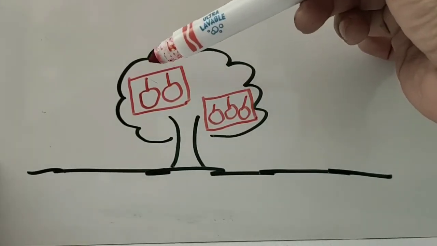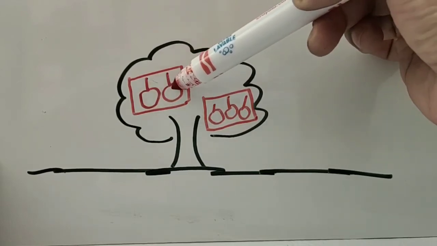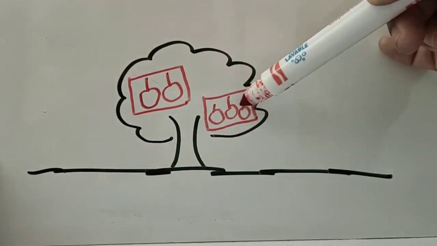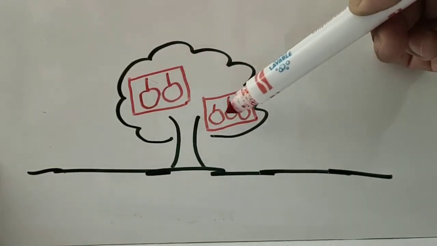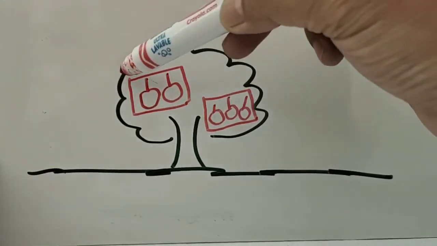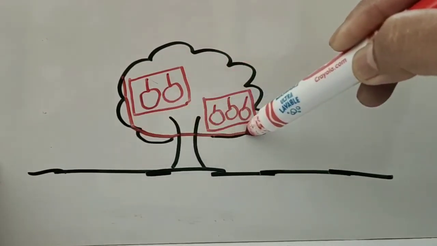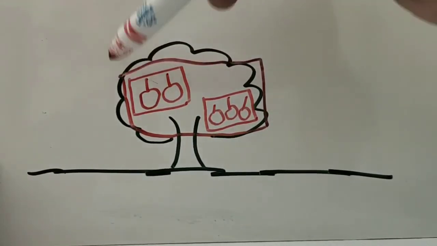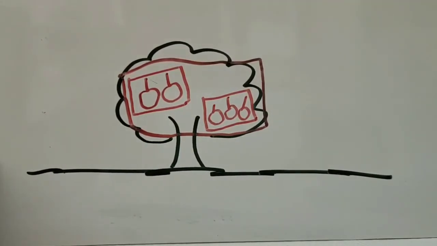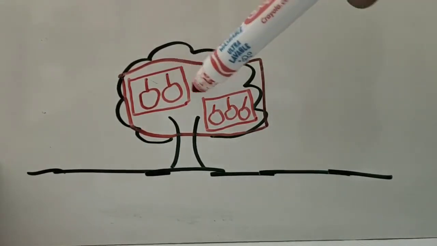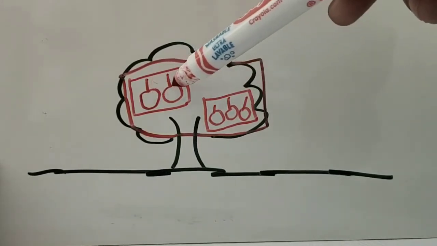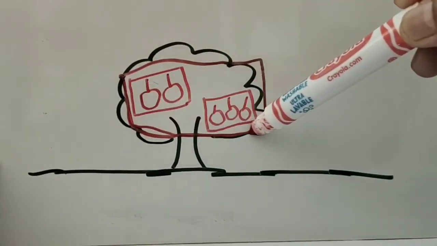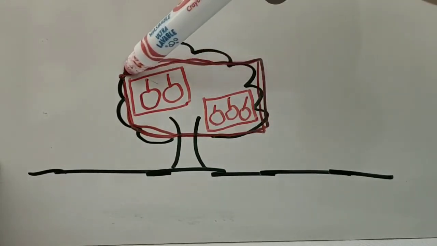Count all the apples with me, friends. 1, 2, 3, 4, 5. 2 apples and 3 apples make 5 apples. I put all the apples inside a big box because I counted them all together. 2 apples and 3 apples make 5 apples.